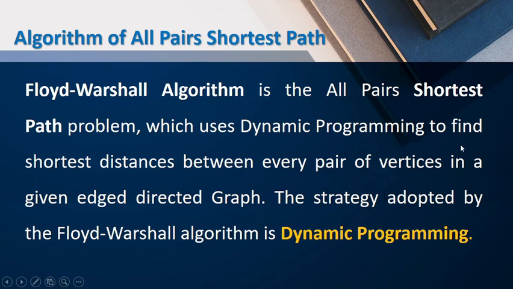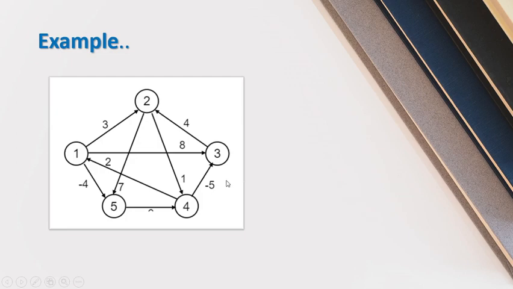So let's discuss it with the help of an example. Here is a directed graph with 5 vertices. In this problem, our goal is to find the shortest path. So we are given a graph and we want to find the shortest path between each and every pair of vertices.